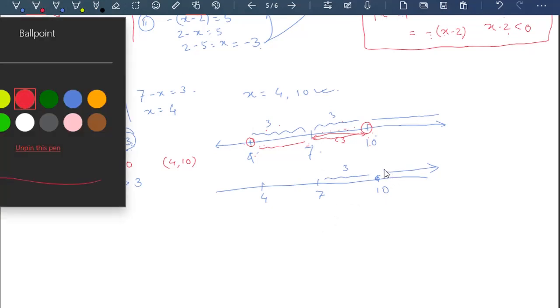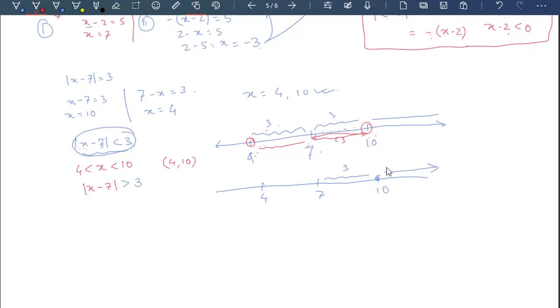So the solution set will be this side and this side, that is, the solution set will be x lies between -infinity to 4, 4 excluded, union 10 to infinity. This is the solution.